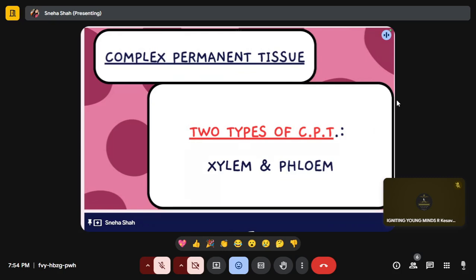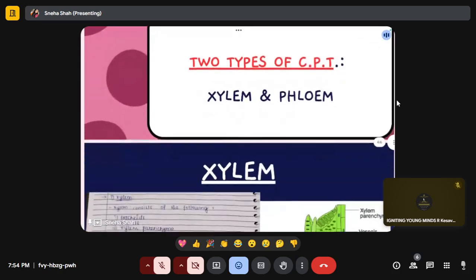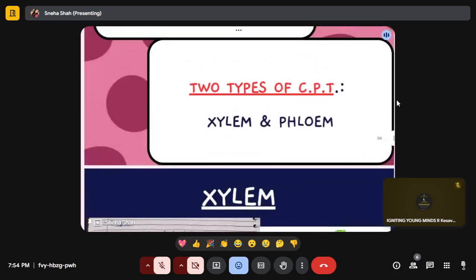That is the function of xylem. We call it transportation. And the function of phloem is to transport the prepared food. That is, it works from leaves to all the parts of plants. It goes to the top and also down towards the roots. This process of transporting food from leaves to other parts of plants, we call translocation.